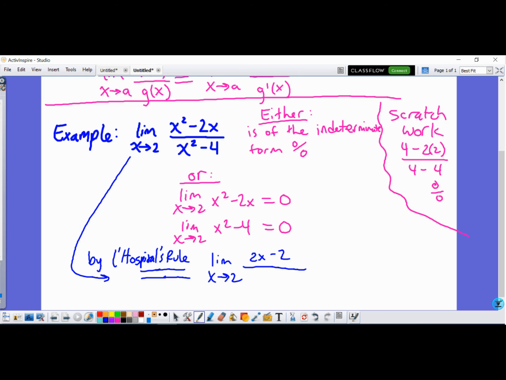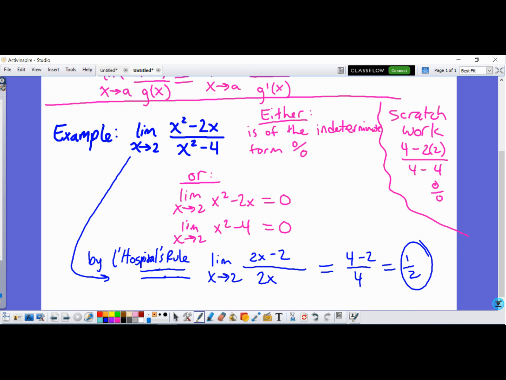Just using the power rule. Derivative of the denominator, 2x minus 0. And now I can plug in 2, and I can see that it's going to work, right? I'm not going to get an indeterminate form. I'm just going to get 4 minus 2 over 4, 2 over 4, 1/2. And that's it. That's my limit.